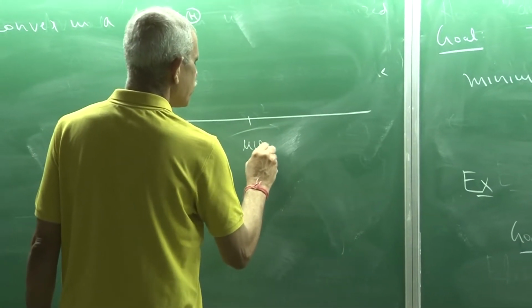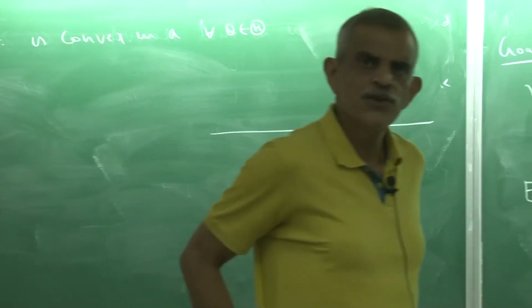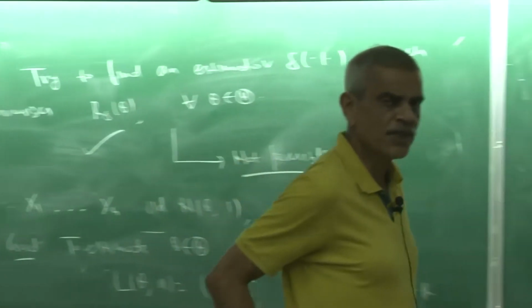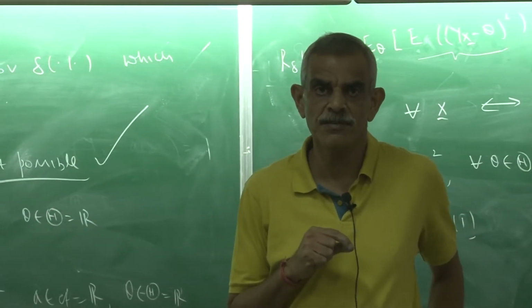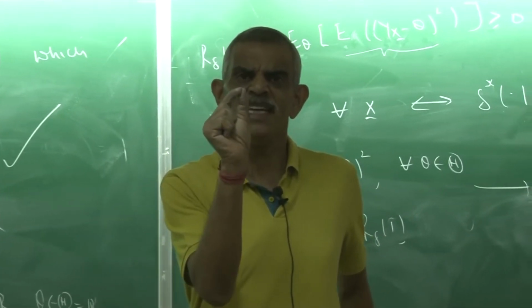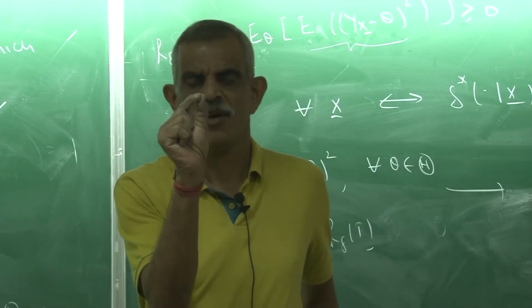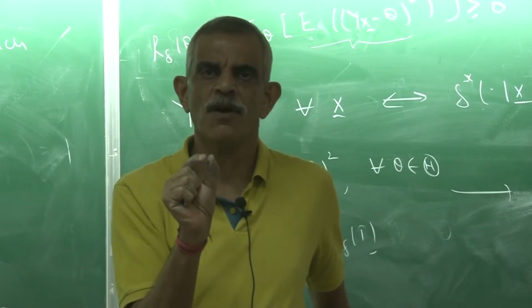Here mu theta is the true value of the parameter which you want to estimate. So your loss should be 0 if my A is the same as mu theta, or if my A is in the neighborhood of mu theta, my loss would be very small.